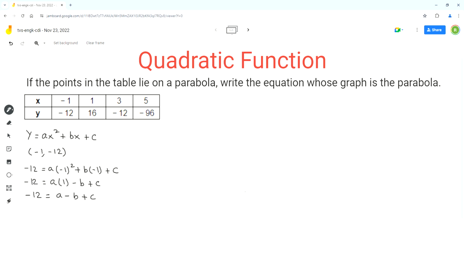So this is the first equation we get for a, b, and c. This is equation number 1.